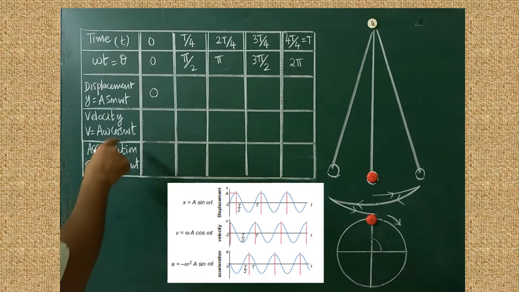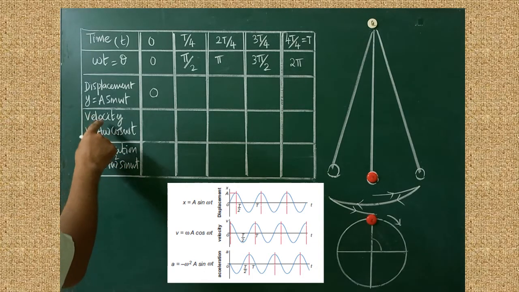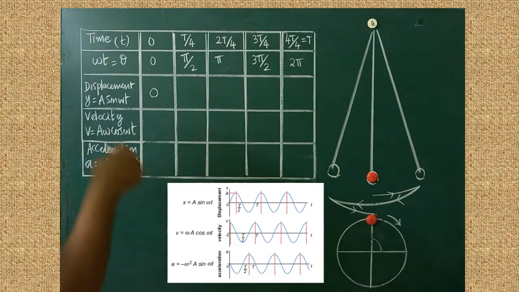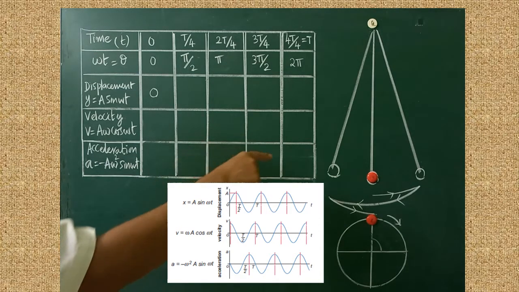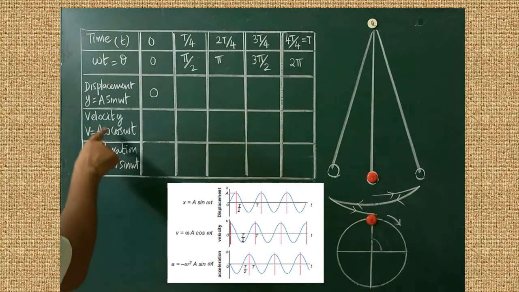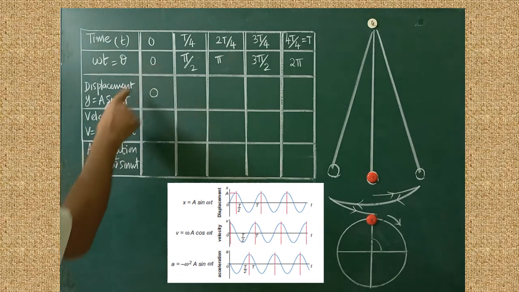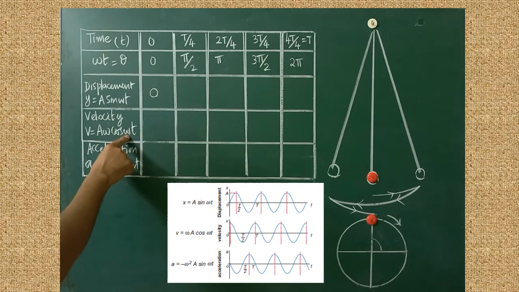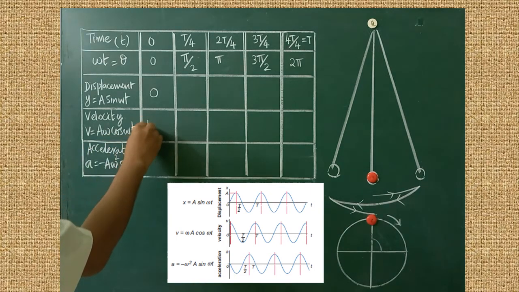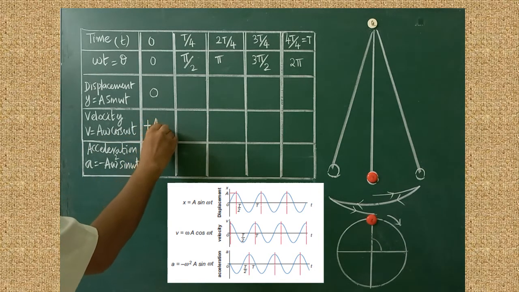Are you clear? Now we are going to calculate the velocity. Let us imagine when the pendulum is oscillating, whenever it crosses the mean position, we are going to calculate the velocity. Substitute the same omega t value 0 in the next expression. Cos omega t, instead of omega t, substitute 0. Cos 0 is 1. Therefore, the velocity will be equal to plus a omega.